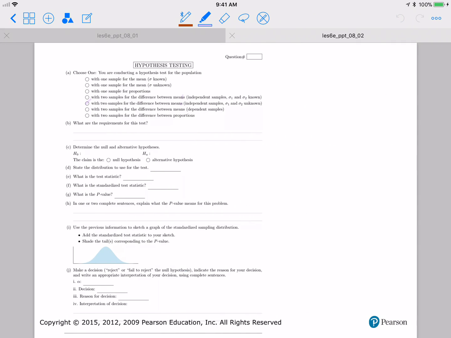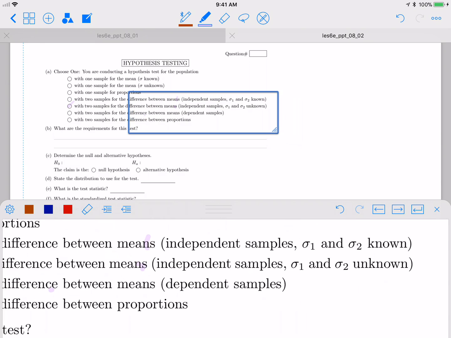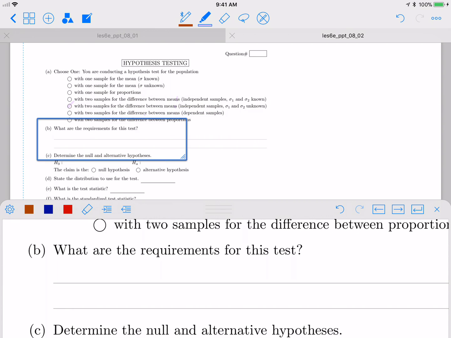Okay, so we know which test we're doing. We're conducting a hypothesis test with 2 samples for the difference between means, with independent samples, and sigma 1 and sigma 2 unknown.